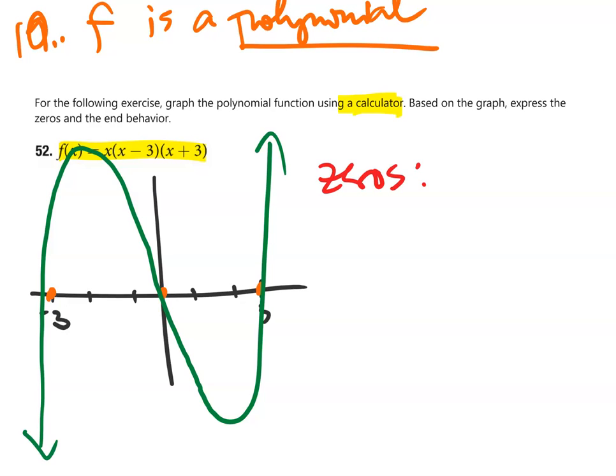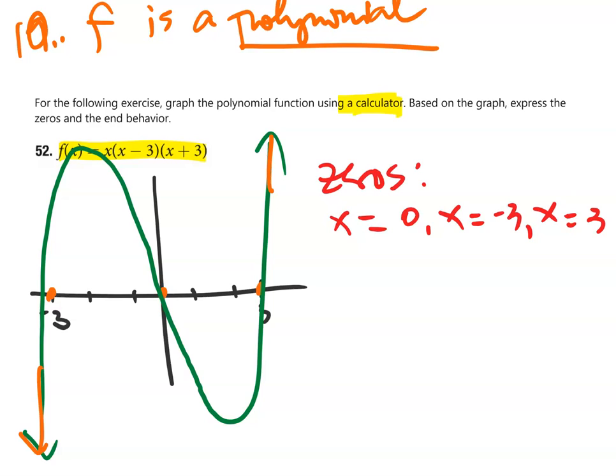The zeros are x equals 0, x equals negative 3, and x equals 3. Those points on the x-axis are the x coordinates.